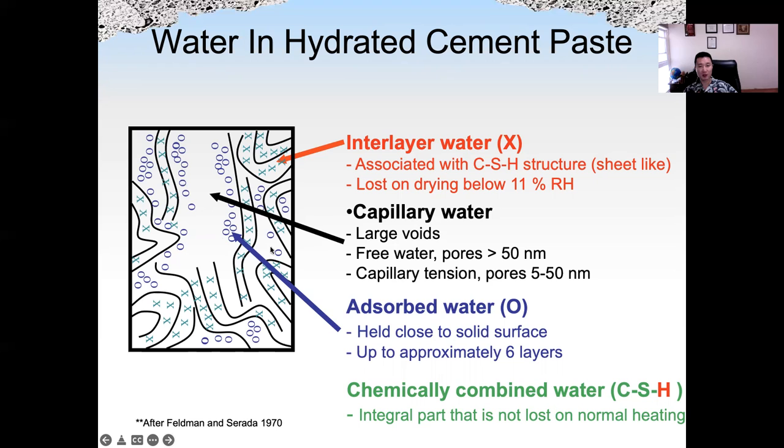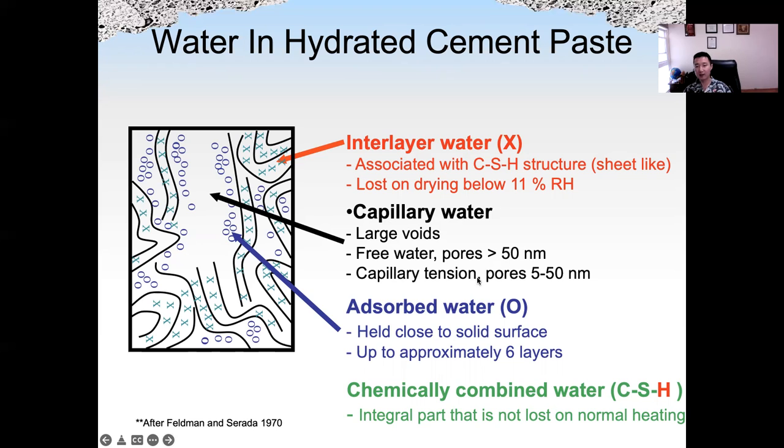The second water is called capillary water. That's the water in the pores of concrete. We have different types of pores, which we'll be discussing in a moment. But the water in the pores can be called free water if the pores are larger than 50 nanometer.